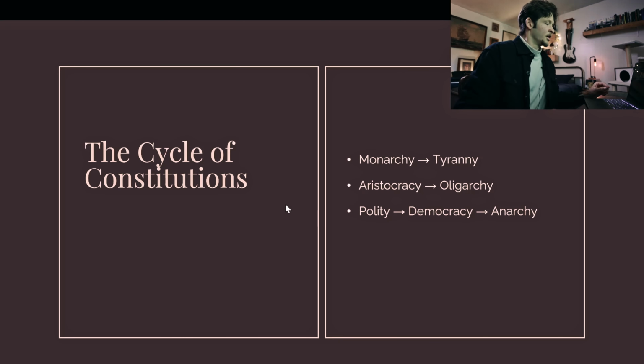And then this is what he would call the cycle of constitutions. Basically, you have your correct form, which is a monarchy, and that's going to pervert into a tyranny; then aristocracy, which will pervert into an oligarchy; and then a polity, which will pervert into a democracy, which will eventually collapse or decay into an anarchy.